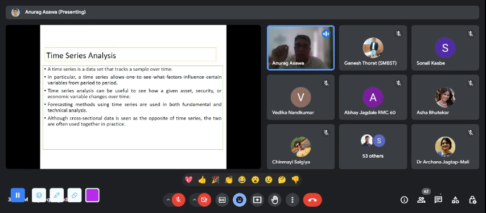Now, this term, fundamental and technical analysis, is related to the share market, or let's say the capital market, or the land market, because there you will find the fluctuations are very high, and in those cases we need to understand how things are changing. So this is again time series data.